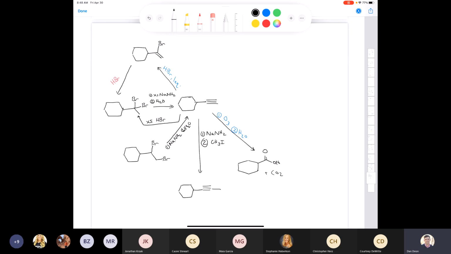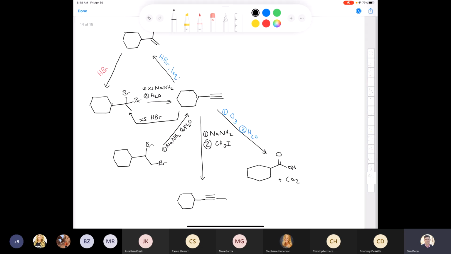What are some other transformations that we looked at? If we take this triple bond and we want to make... I'm sorry, I have a question. Go for it. Isn't there also a different case when the triple bond is internal compared to when you do that splitting? Yeah.